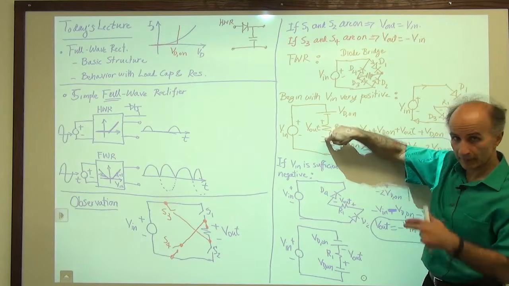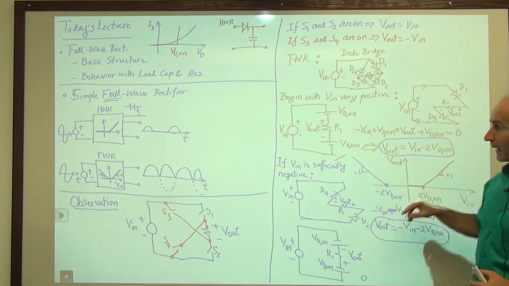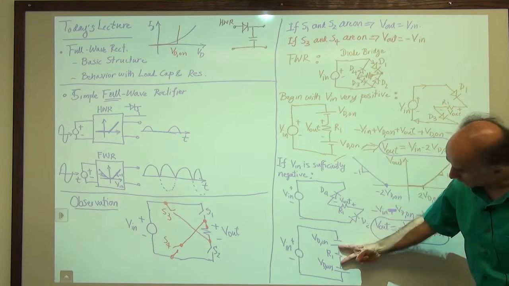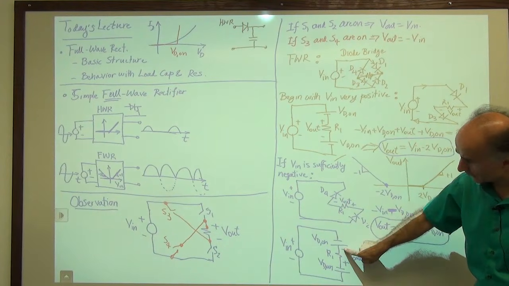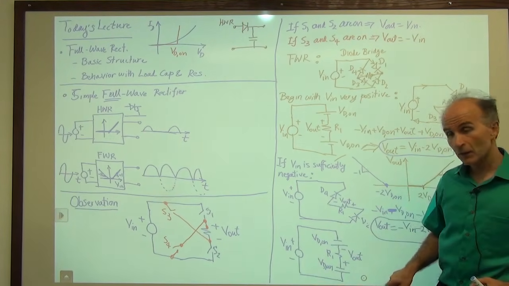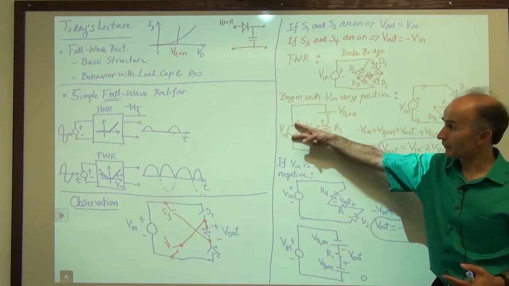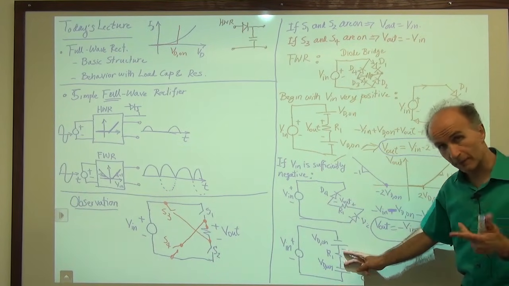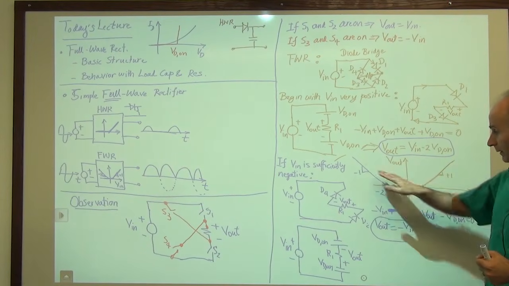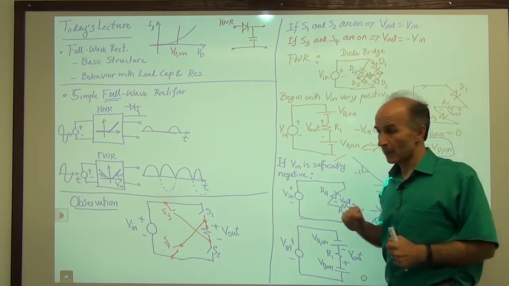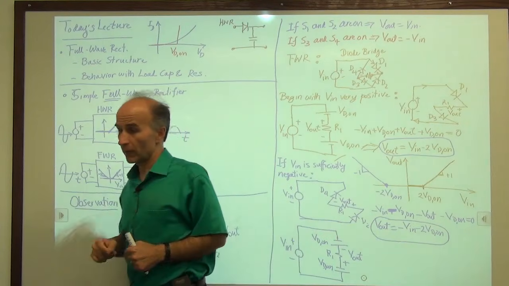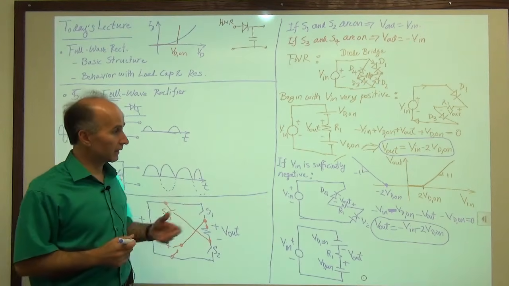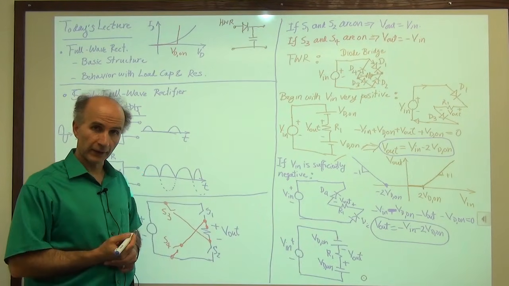For half of the cycle, approximately, for over here. And then it flips. It flips down, positive here, negative here, and connects to V in. So V out is equal to V in with some level shift, and then equal to minus V in with some level shift. And that's how we get these 2 characteristics. So that's a very nice way of creating a full wave rectifier.